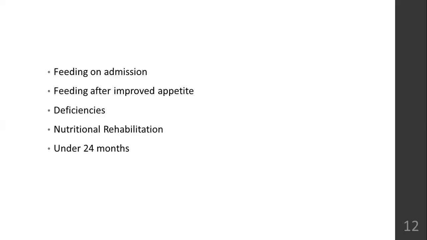The first time you may give just 10 ml. After 4 hours, you will wake the child, give 20. Then after 4 hours, give 30. After 4 hours, 40, like that. Slowly you will increase the quantity of F100, but every 4 hours you have to give. So mothers are responsible for this, mothers as the primary caretaker.